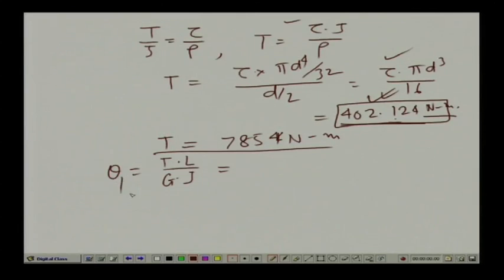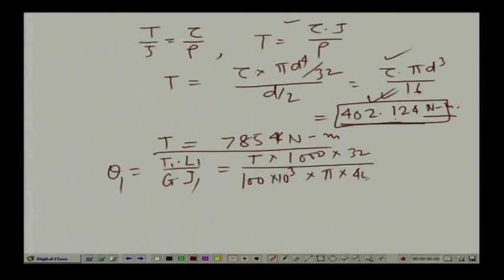So, theta 1 will be equal to T 1 L 1 by G J 1, and this if we write as T times L as 1000 times 32 divided by G, which is 100 into 10 to the power 3, and J will be pi times 40 to the power 4, pi d to the power 4 by 32, and this comes as 39 into 10 to the power minus 9 T.